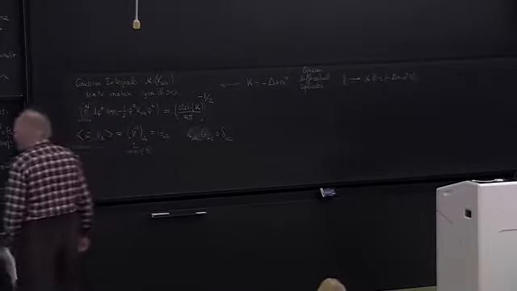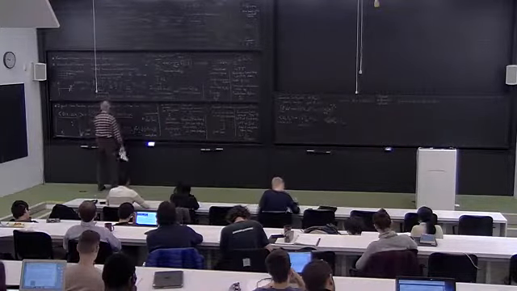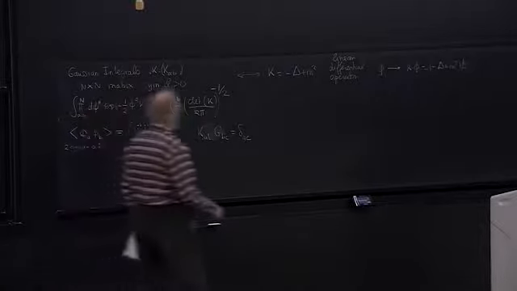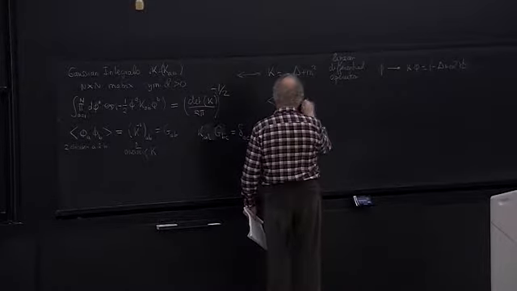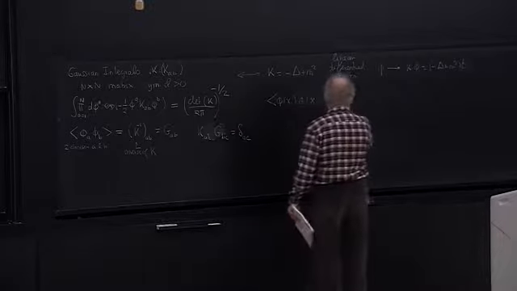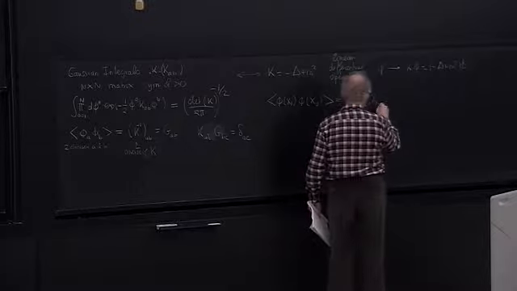Okay. So we expect that the corresponding expectation value here, phi of x1, phi of x2, which with my notation should be some function that I'm going to call G of x1 and x2.